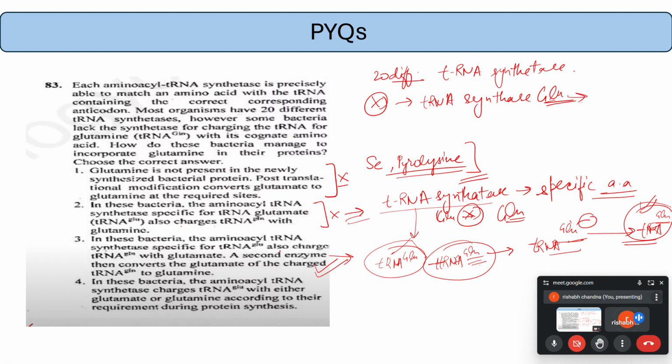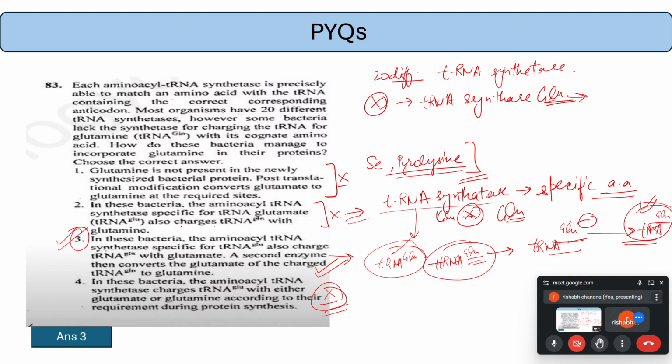And the fourth option, in these bacteria, the amino acid tRNA synthetase charges tRNA glutamate with either glutamate or glutamine according to their requirement during protein synthesis. This is also wrong because of the specificity of the amino acid tRNA synthetase. So the correct option is answer number 3.